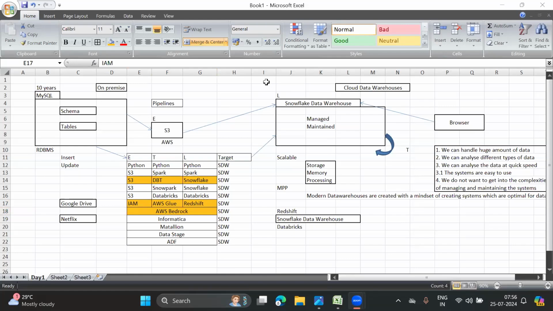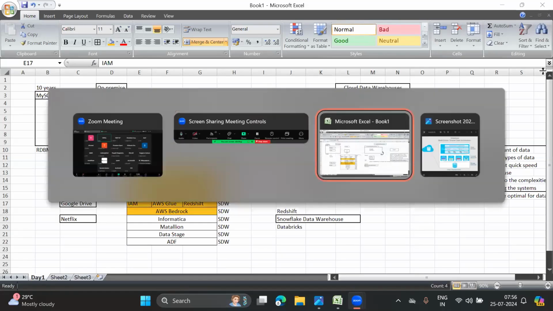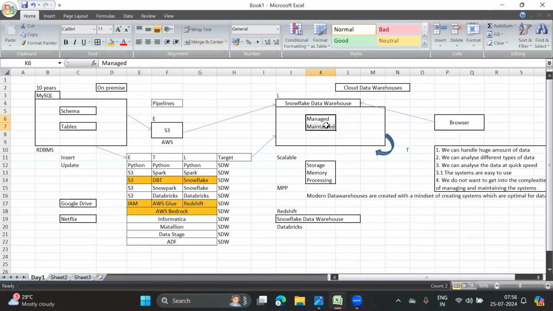You have to do the user management somewhere else, and this is how we use different cloud technologies. This is why the Snowflake Data Warehouse is a very, very good advantage. It offers everything in one place. Everything is managed and maintained, and on top of this, the user management is here. If you want to use data warehousing, it's here.